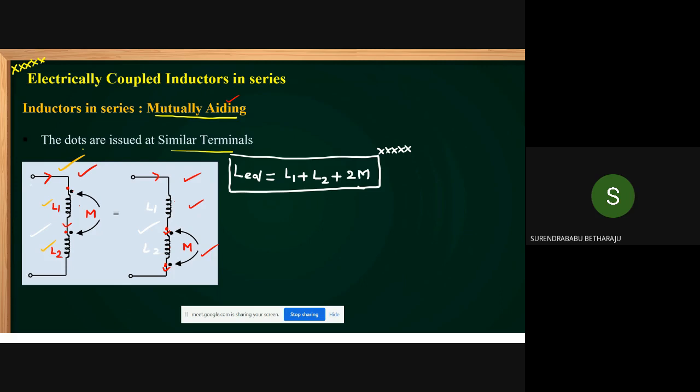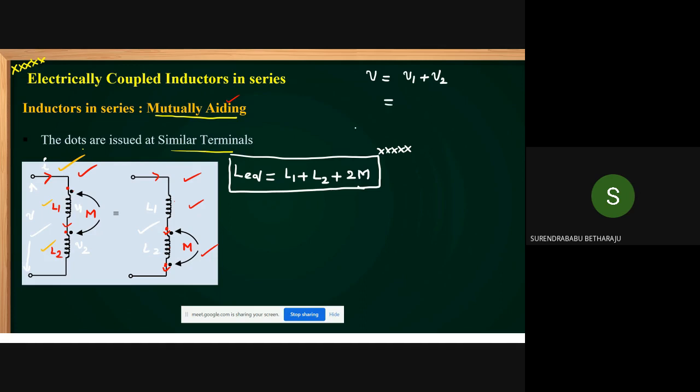Just for the purpose of understanding, I am giving this. This is V. In series connection, current remains constant. Let the voltage across this coil be V1 and the voltage across this coil be V2. Then what is V equal to, students? V equals V1 plus V2. What is V1?